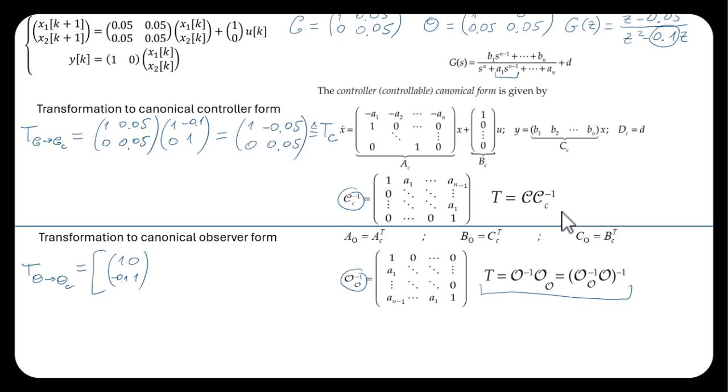And then we multiply it by observability matrix, which is 1, 0, 0.05, 0.05, and inverse on all of that. Alright? So if you compute that, after a little bit of algebra, you will get the following matrix: 0 here, 1 here, 1 and 20. And we define that as TO, which is conversion into canonical observer form.